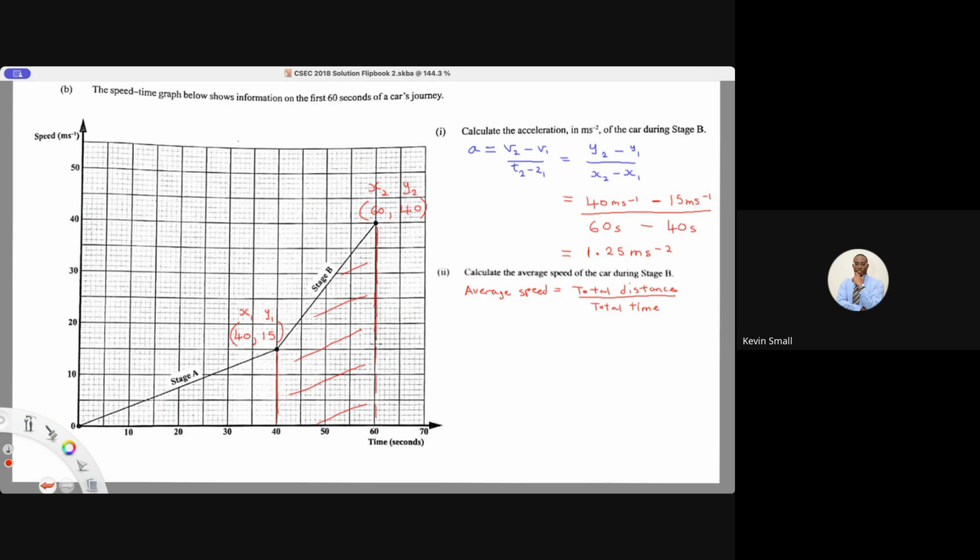The area under the graph is the distance covered. For those that didn't know, you could put a little note here: area under the graph equals the distance covered.